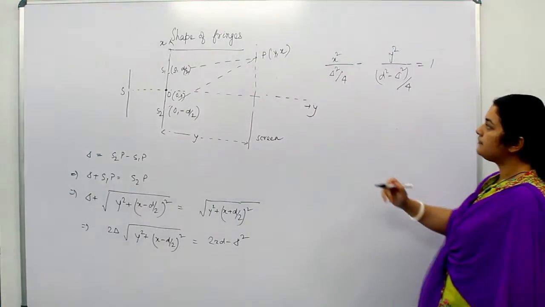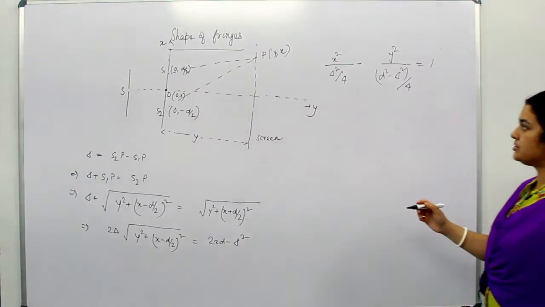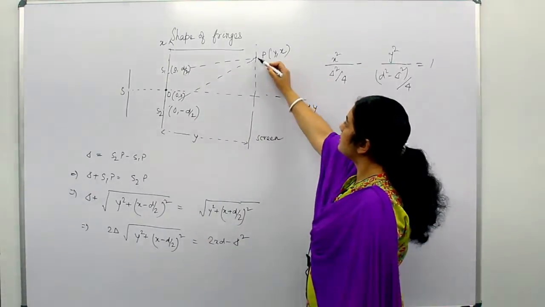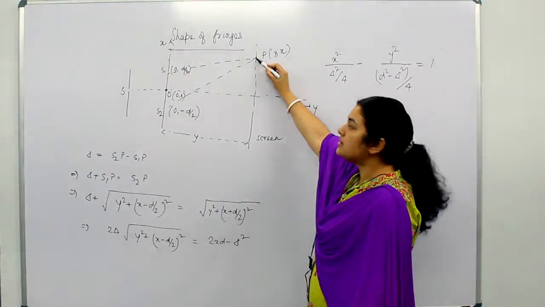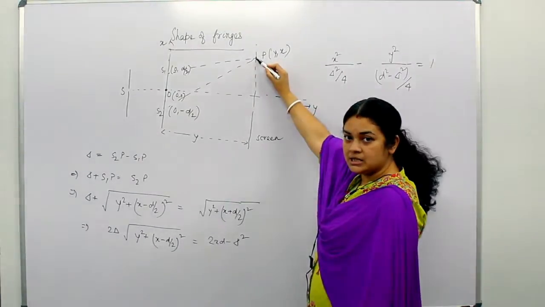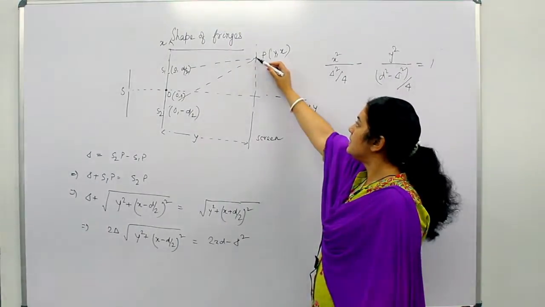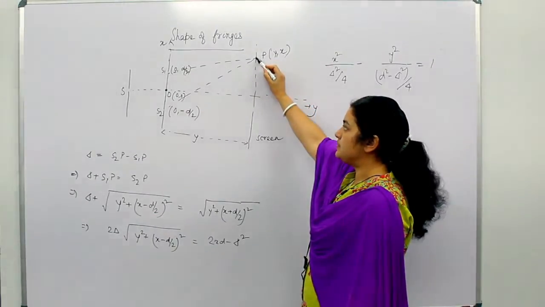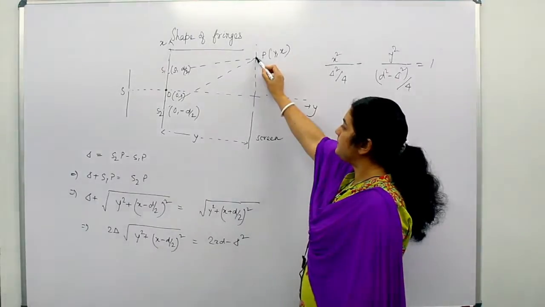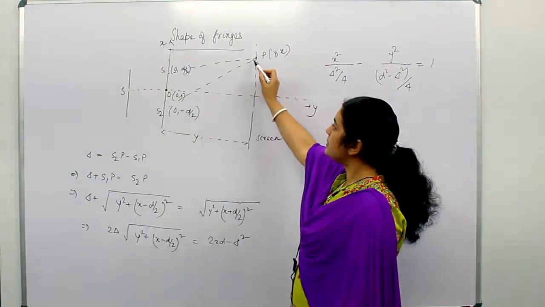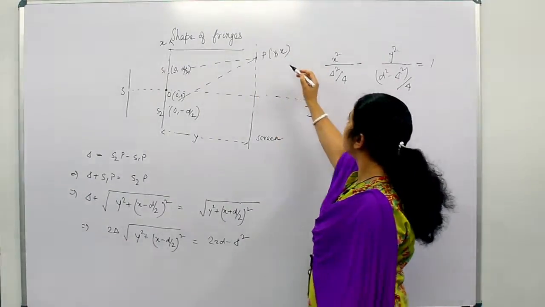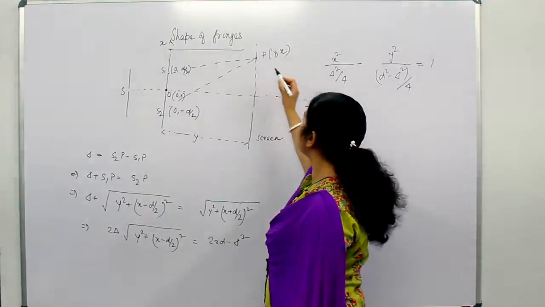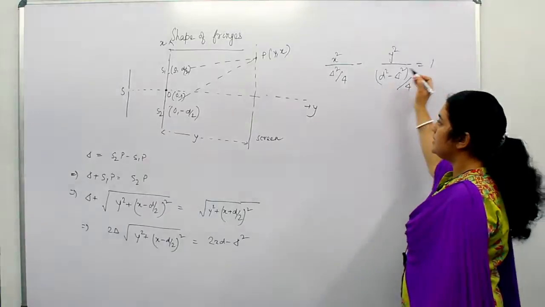So the fringes produced, what is this point? This is a particular point. It may be bright or dark. Suppose this is a bright point, so the equation which represents all bright points is represented by the hyperbola.